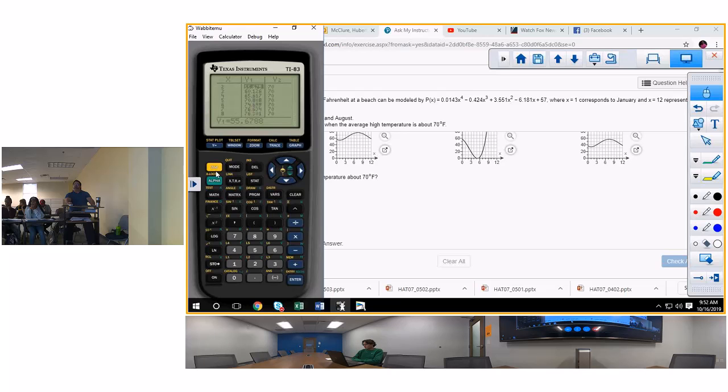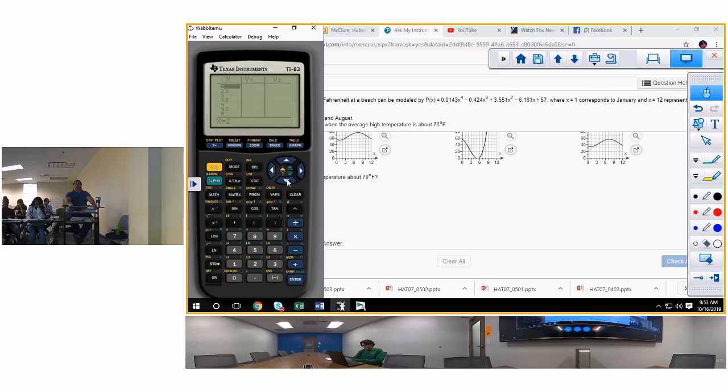So go to second table set, and maybe, I don't know, go 0.5 and hit enter. And now you can go to find the dependent. Let's see if it'll do this. Enter. Second table.